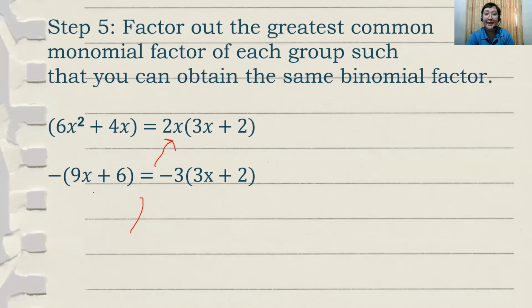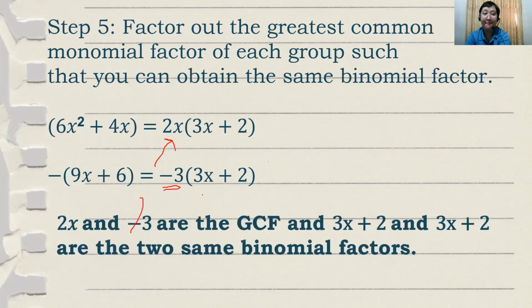While in quantity 9x plus 6, the greatest common factor is negative 3. And again, the other factor is 3x plus 2. So 2x and negative 3 are the GCF, and 3x plus 2 and 3x plus 2 are the two same binomial factors.